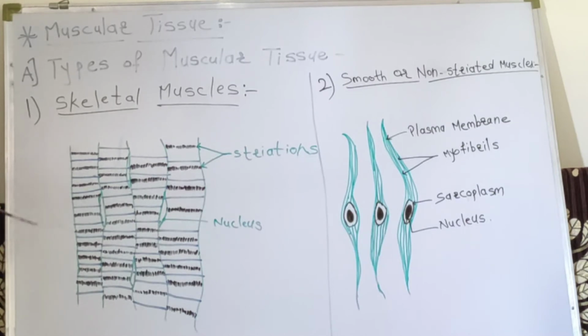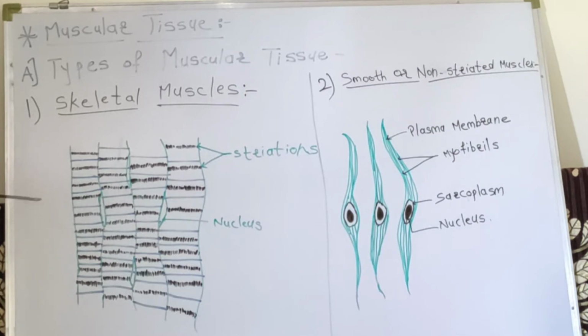Another is the H band. There is a light area, that means the light band is the H band, and it is called Hensen's zone. Third is the M line. At the center of this Hensen's zone there is the M line. That means this middle line is called the M line. There is also the I band.